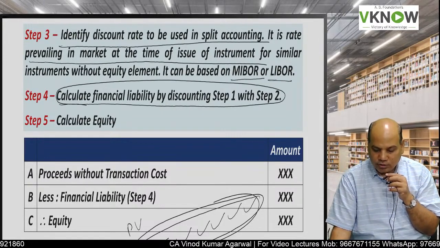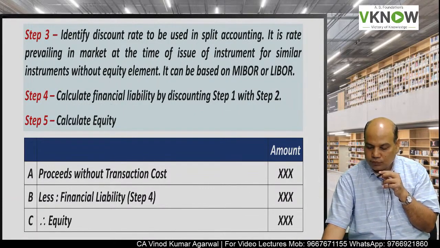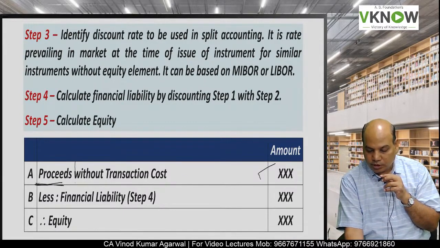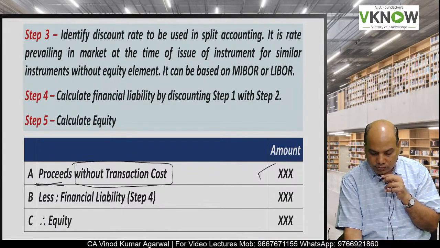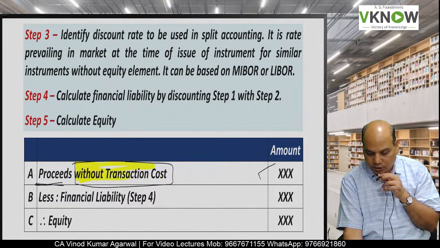Then what is equity? As you have studied, equity is the residual interest. So from the proceeds, but without transaction cost, very important, transaction cost I will tell you separately.